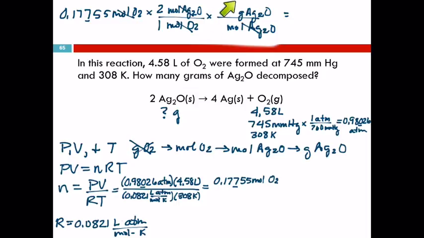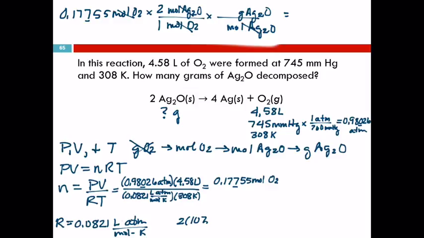How do I convert between grams and moles? Use the periodic table and the chemical formula to find the molar mass. I have a little space down here in the bottom. So 2 times the mass of silver, 107.9, rounded up from 107.868.